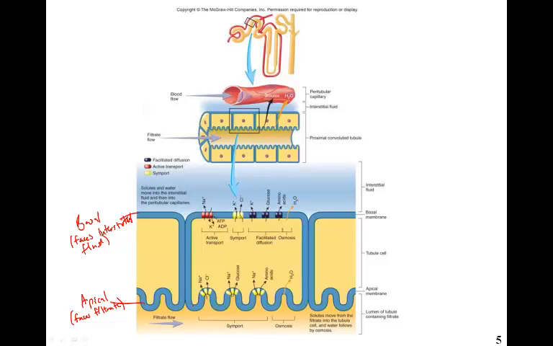So here on the apical side of the cell, we see lots of transporters. And as you can see, they're all co-transporters where they bring in something and sodium. So here's chloride and sodium, glucose and sodium, amino acids and sodium.